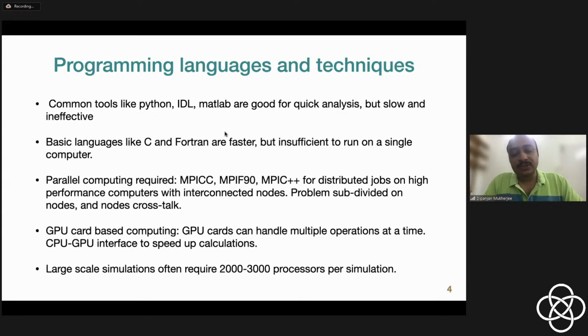Now, this was the standard way of simulating things till about 10 years back. But nowadays, in the large-scale supercomputing facilities, a hybrid mode of computers is being developed, where you have a GPU card that is talking to the CPUs. It is a GPU-CPU interface that is often used because the GPU has several threads, and you can run things very fast if it is easily parallelizable.